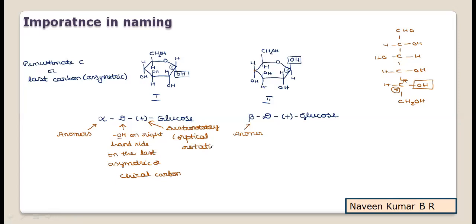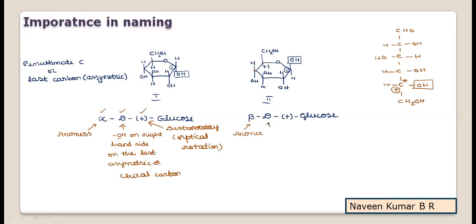This symbol will indicate that. Hence, a systematic monosaccharide name will have these three parts along with the name of the monosaccharide. It is alpha to indicate which anomer it is, D to indicate the configuration of the hydroxyl group on the right hand side as in naturally occurring carbohydrates, and plus or minus to indicate the optical rotation.